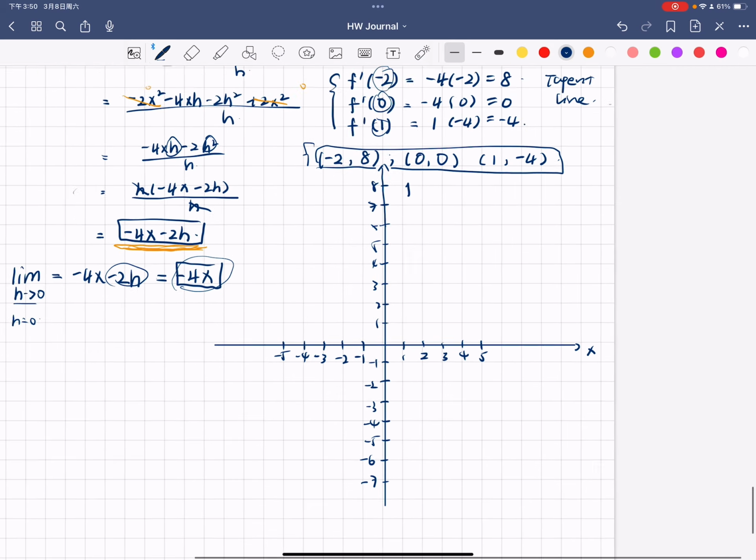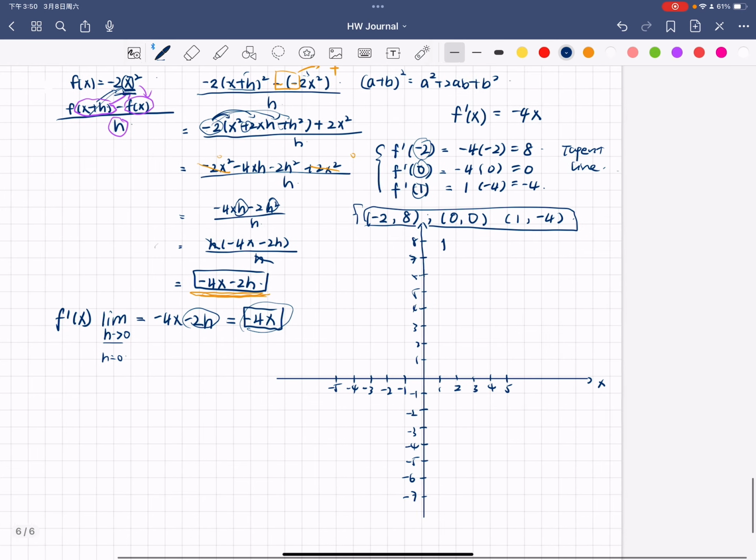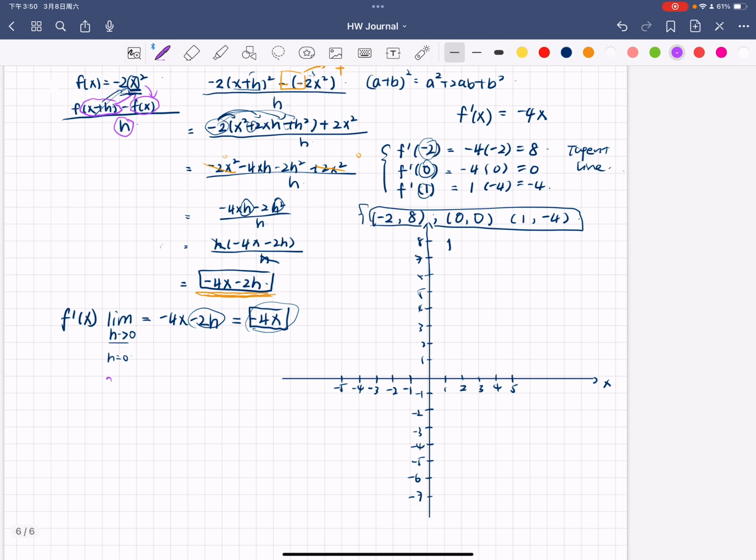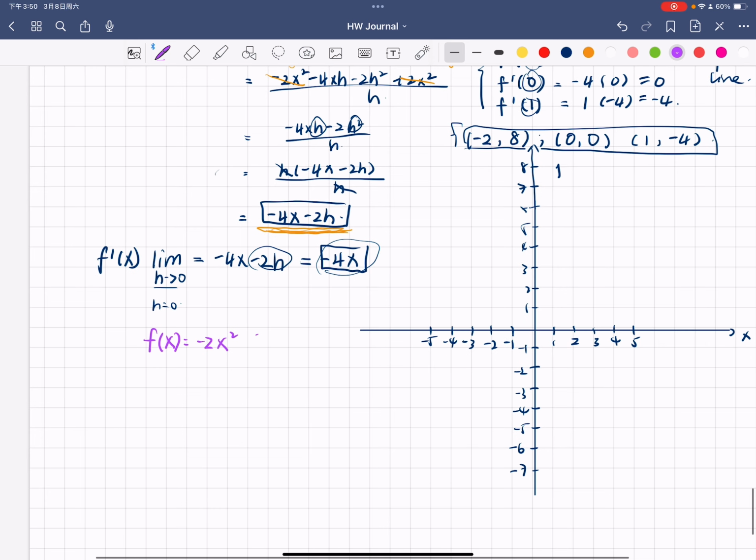Alright. So firstly, we're going to be drawing the original function, which is negative 2x squared. By doing so, we can simply look for several values, for example, negative 1. Substituting negative 1 is going to give negative 2.